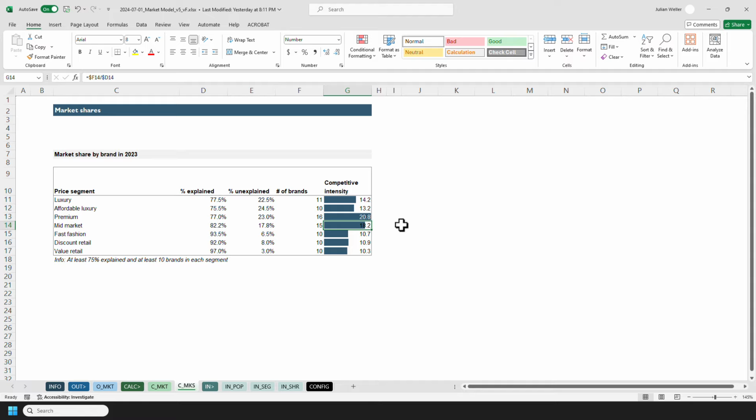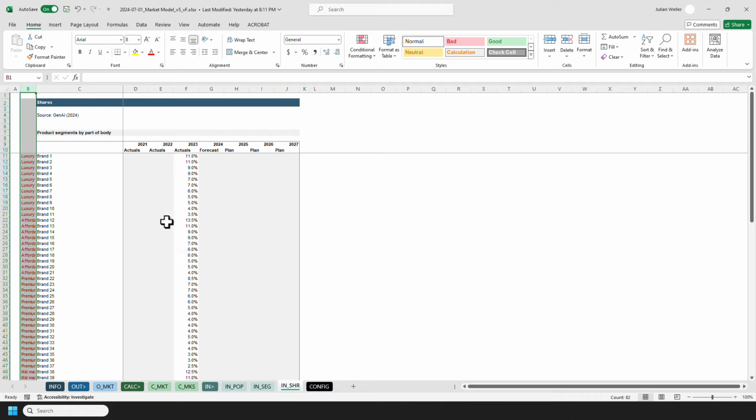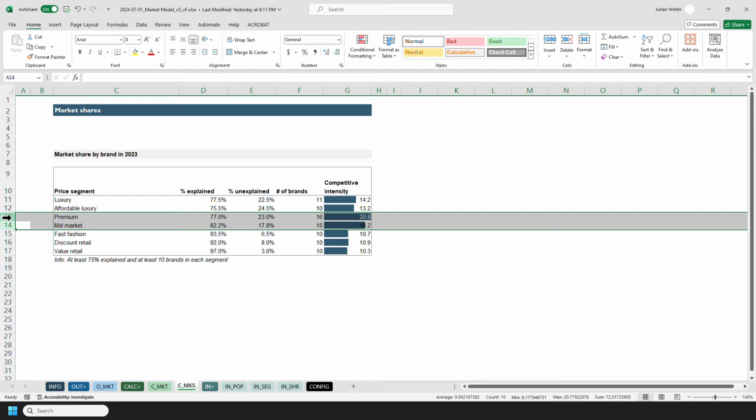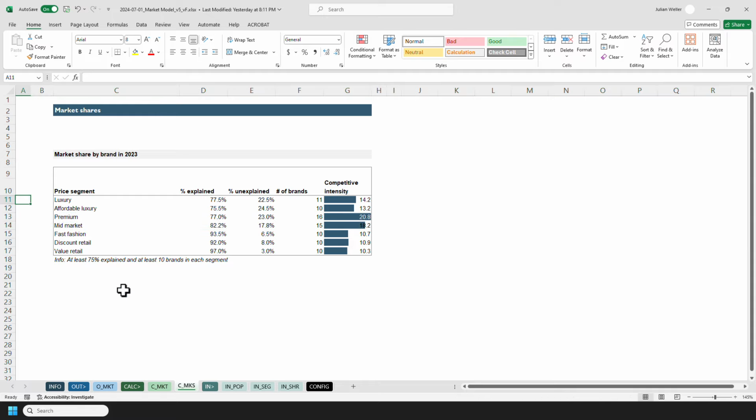Probably there are a lot more because niche or very small brands will not make it among the top brands, and they will just be a lot smaller here in terms of the market share, but I think it's an indication. And as this is indicative only, anyway, I think here for us it's just important to understand that the mid-market and premium segments exhibit the highest density of brands.